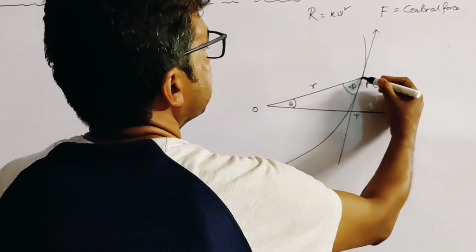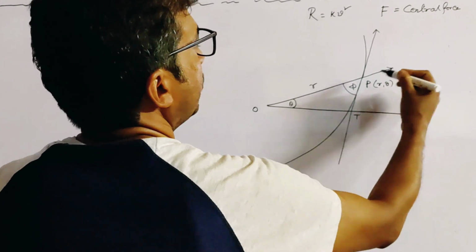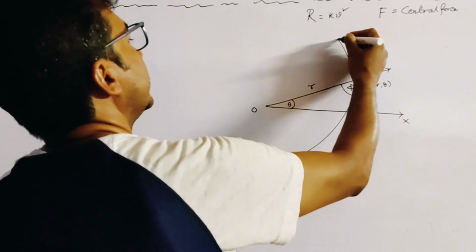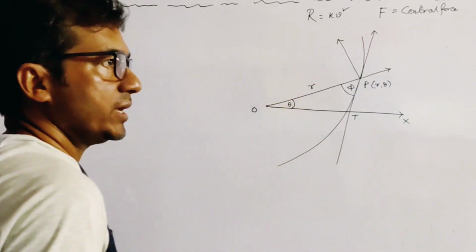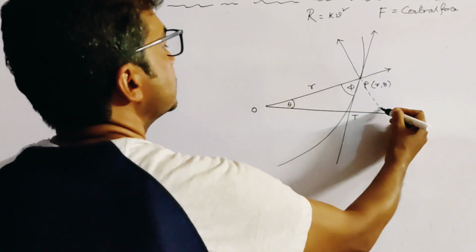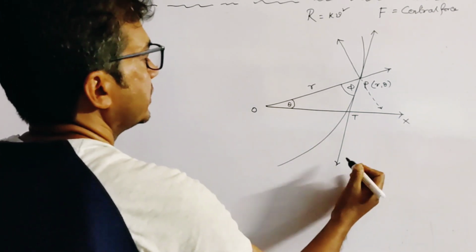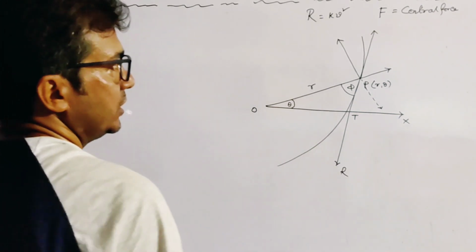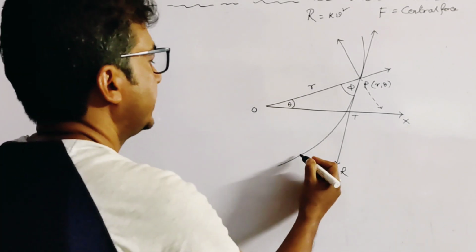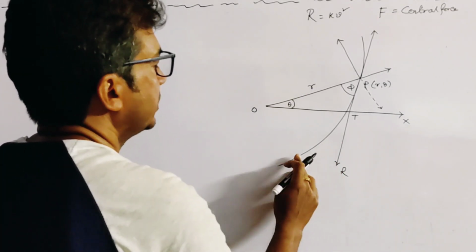This direction is the radial direction, the positive direction of the radius vector, and this is the cross-radial direction, perpendicular to the radius vector. Here the resistance force R acts along this direction, because the particle moves along the curve.